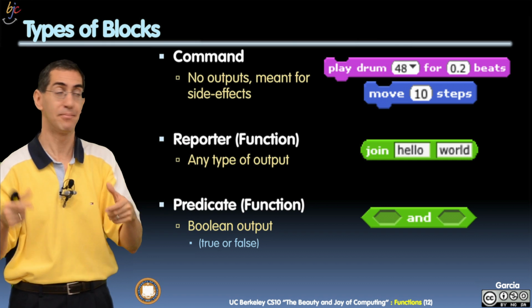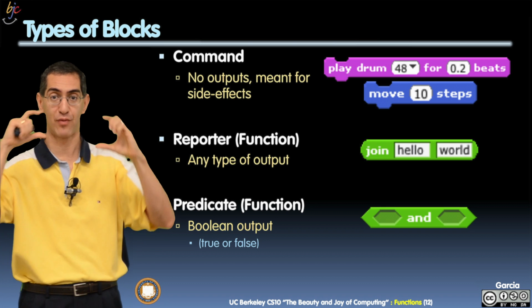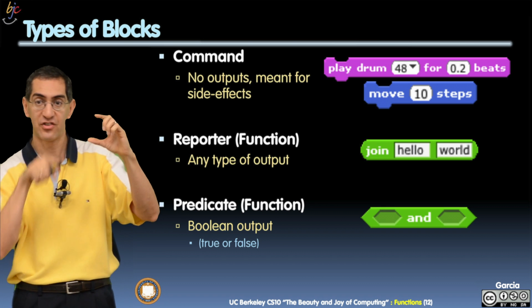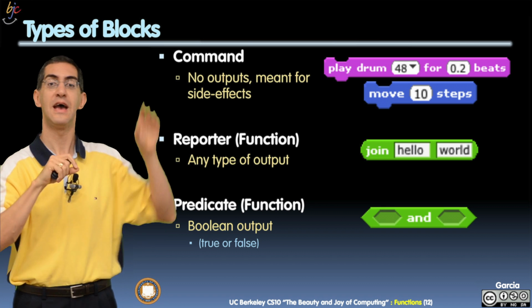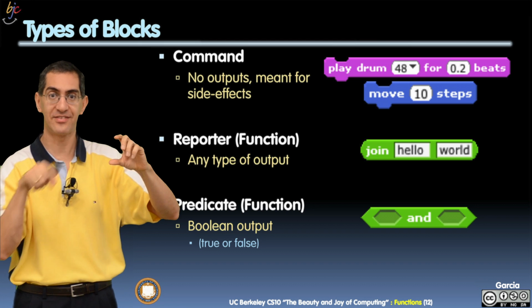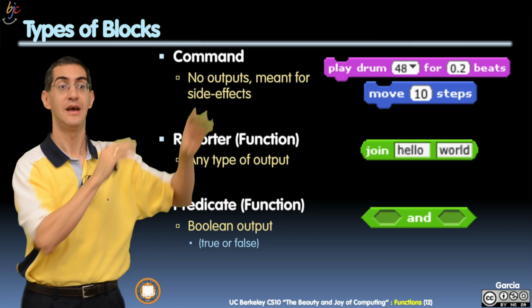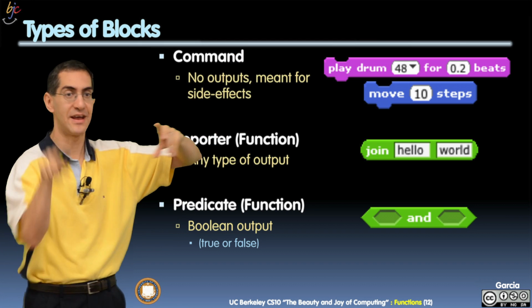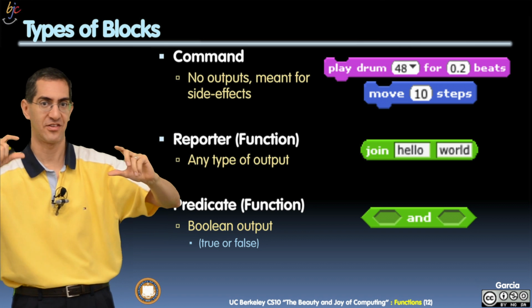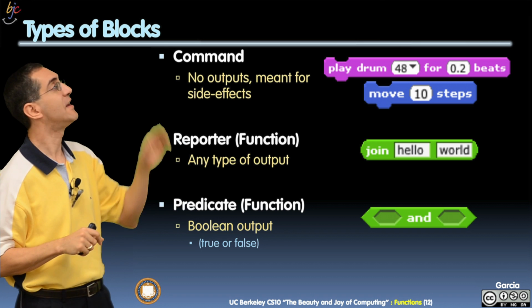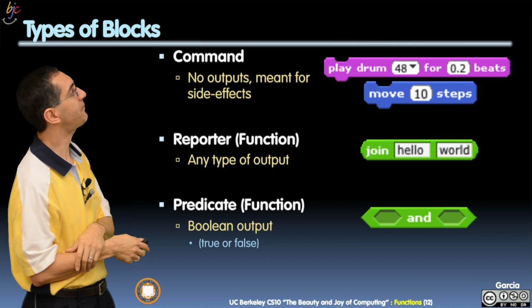Those are all command blocks, and notice they're not shaped like round-edged things. They have this kind of jigsaw puzzle shape. Everything jigsaw puzzle based is not a function. Everything that's round-edged or six-sided with the angled edges, those are functions, okay?